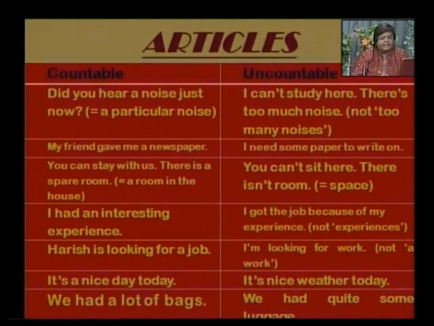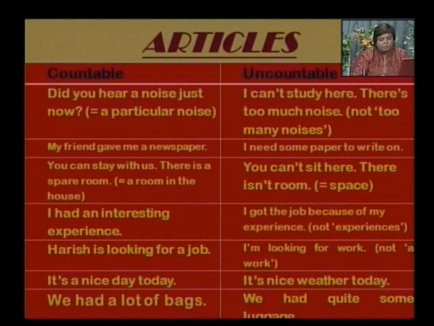I had an interesting experience. એક પર્ટિક્યુલર અનુભવ જે બહુ ઇન્ટરેસ્ટિંગ હતો. So we are talking of one particular experience which was very interesting, and therefore we are using the article an. Now come to the second right hand column, and come to the fourth sentence. I got the job because of my experience. હવે અહીંયા એક વિશિષ્ટ અનુભવની વાત નથી, પણ મારા જીવનના અનુભવ અથવા કાર્યકાલનો અનુભવ એ બધું ધ્યાનમાં રાખતા નોકરી મળી.